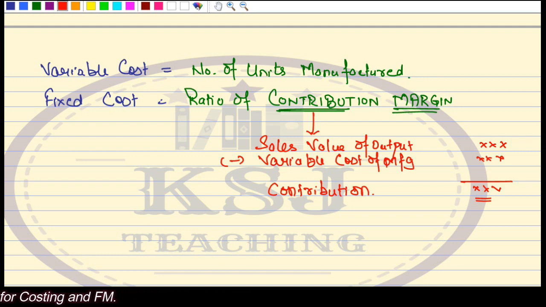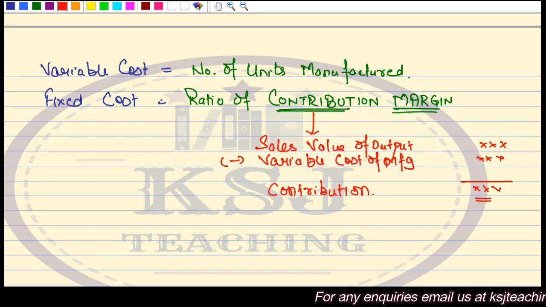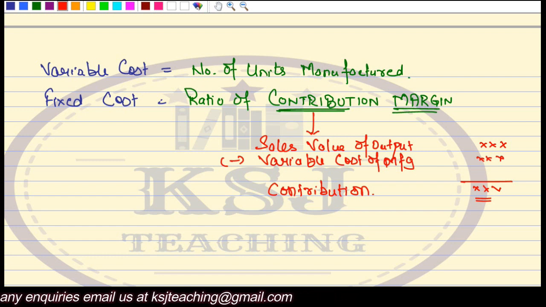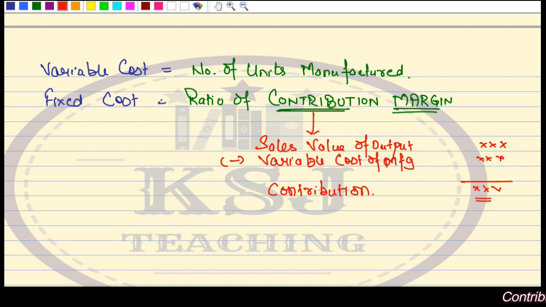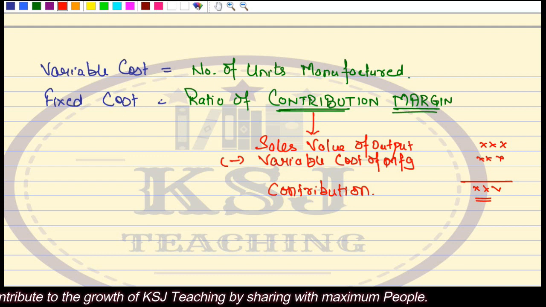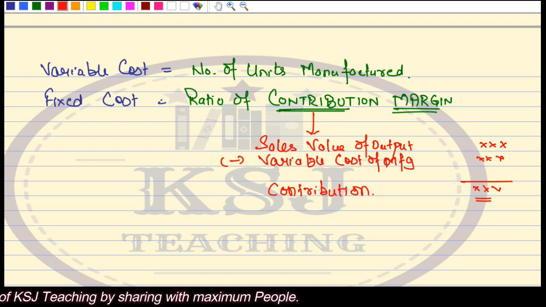So that profit, what is the amount of that profit which is there to pay off the fixed cost is known as contribution, and it is calculated at sales value minus the variable cost of manufacturing will give you the profits from the manufacturing of that particular product. After that is not related to manufacturing. After that, after contribution, what you get is the fixed cost. So fixed cost is not dependent upon the manufacturing. So this contribution reflects the profit that we are earning from the manufacturing part of that product.